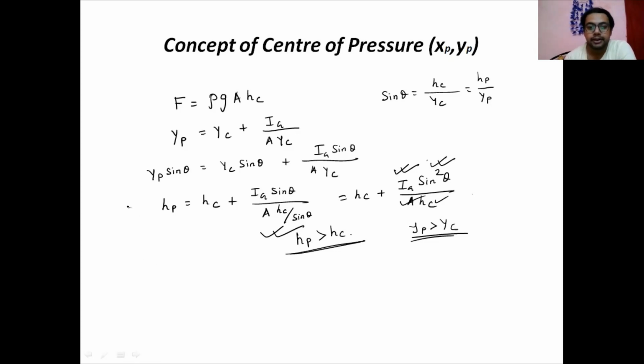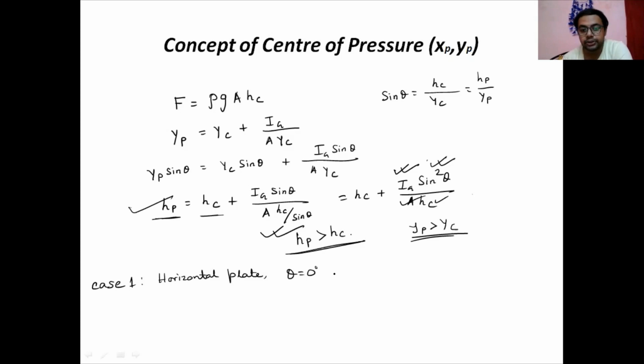So you remember these values. If you apply for the depth, you apply this with the sine square theta. If you apply the YP, you apply this. Hence, case 1: horizontal plate. For a horizontal plate, theta is equal to 0.